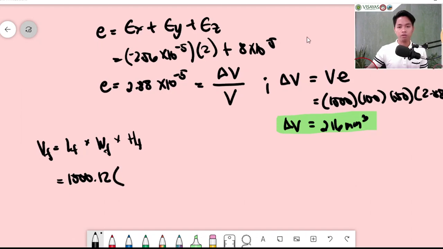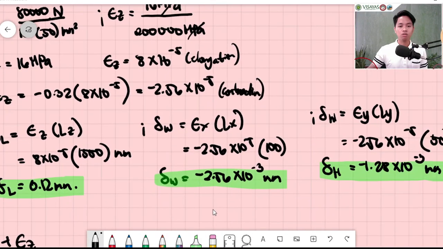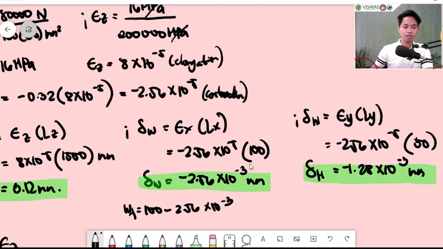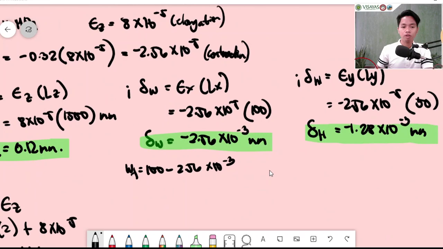Multiplied by the final width. What is the final width? Ang ato ang width is mi-decrease siya og 2.56 times 10 to the negative 3. So therefore, ang ato ang final width is equal to 100 minus 2.56 multiplied by 10 to the negative 3. Kimo may deformation, may gamay man siya.